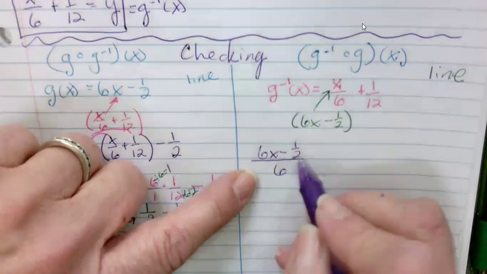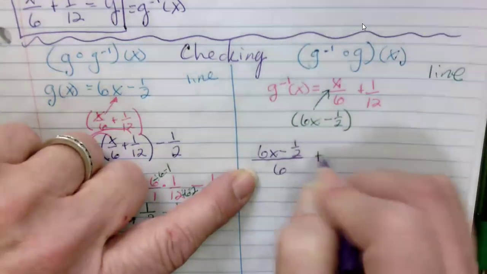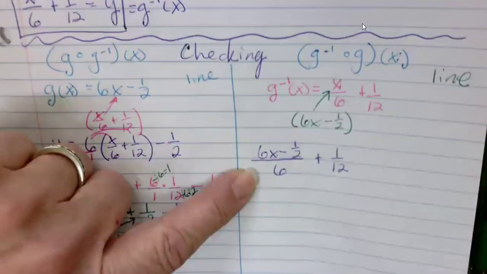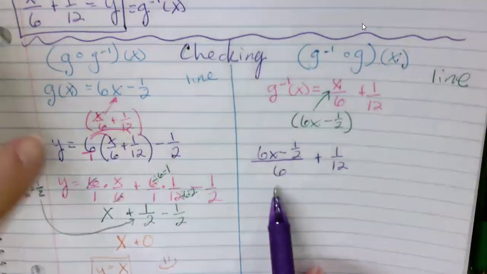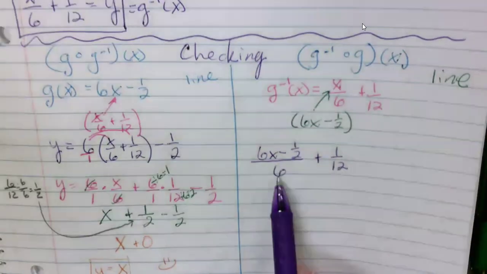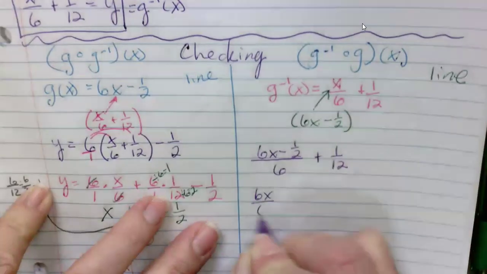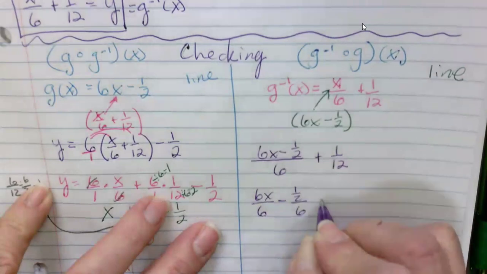Oh, I see I'm going to have a problem there with a fraction over a fraction. Plus 1 over 12. So I think I'm going to separate this again like I did up above, to be able to divide this 1/2 by 6. So that means I'm going to have 6x over 6 minus 1/2 over 6 plus 1/12.